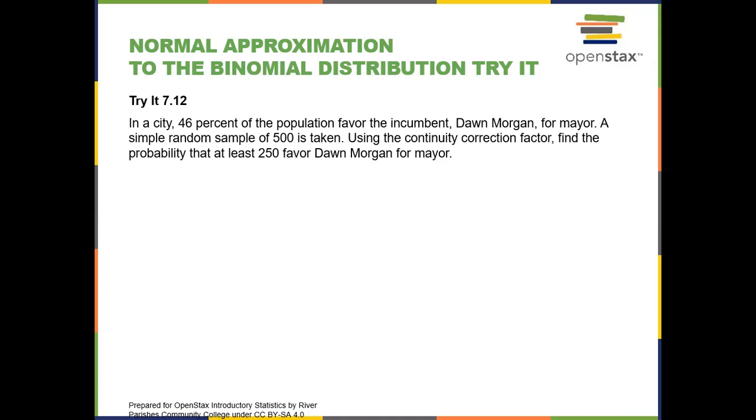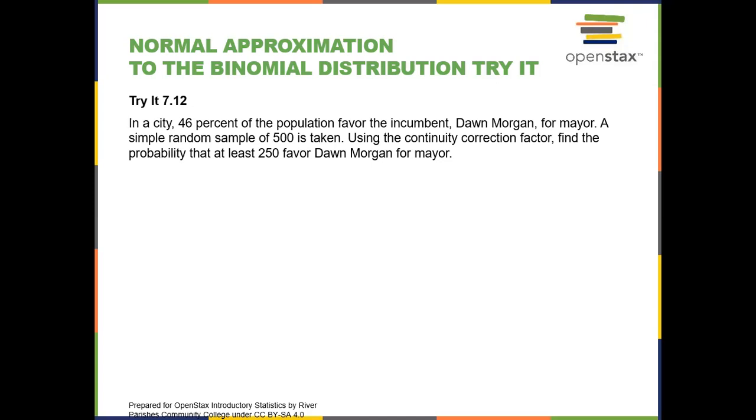Now you need to know the mean and the standard deviation of this normal distribution. The mean is n times p, which is 500 times 0.46, which is 230. What about the standard deviation? Press second, then x squared, the second button on the top left, first column halfway down, which gives you the square root.